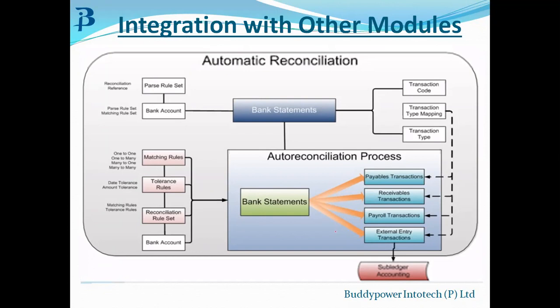There's also the ability to load external entry transactions such as bank charges or bank account transfers or interest, fees, etc. These external entry transactions need to be accounted and pushed to your general ledger.